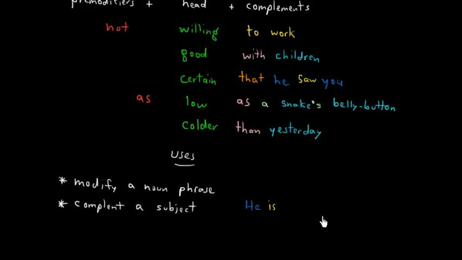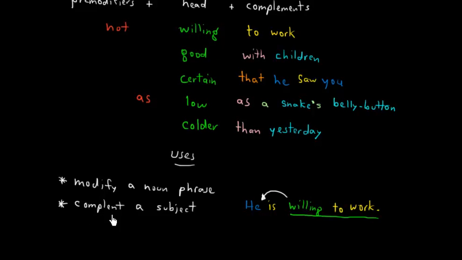He is, and then one of the complements of a copular is an adjective phrase. So he is, again, let's use the one we had up here, willing. He is willing to work. It's the sentence. And this whole thing is an adjective phrase. And that whole adjective phrase refers back to the subject of the sentence.